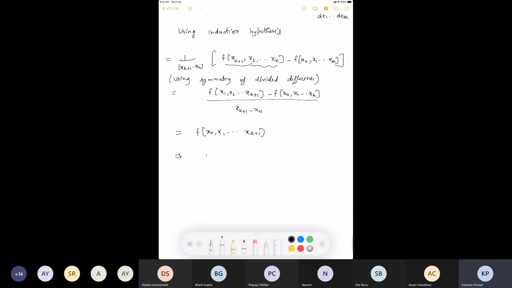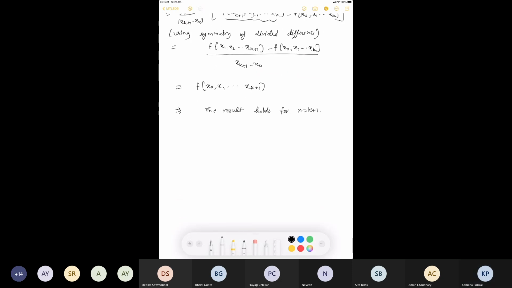So this means the result holds for n equal to k plus 1, and therefore by the principle of mathematical induction, the result is true for any natural number n.